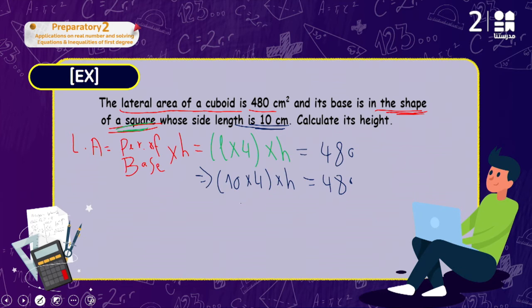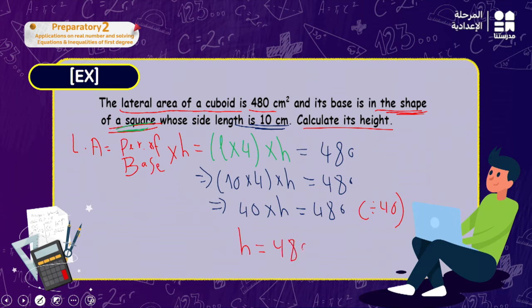Yes, it's 40. So 40 times the height equals 480. Is it clear? So we want to find the height. So we divide both sides by 40 عشان يبقى الهايت لوحده. So الهايت equals 480 divided by 40.